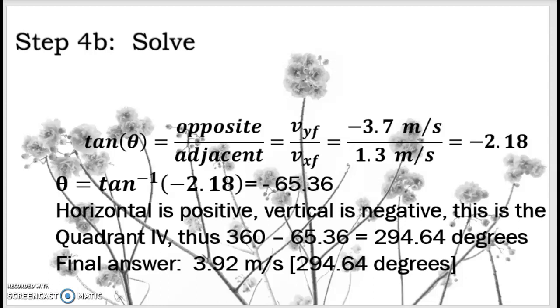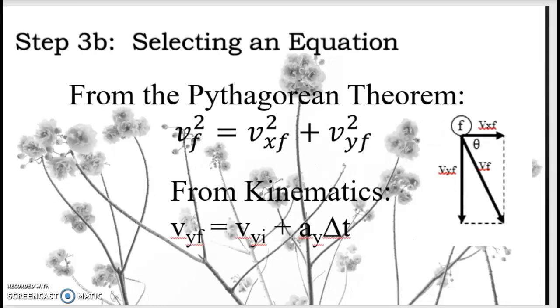So I know that my x direction is positive, or my horizontal is positive, and I know that my vertical direction is negative. So that means I have to be in quadrant 4. And the picture that we had earlier definitely verifies that I've got negative y velocity, positive x velocity, so I have to be in the fourth quadrant.